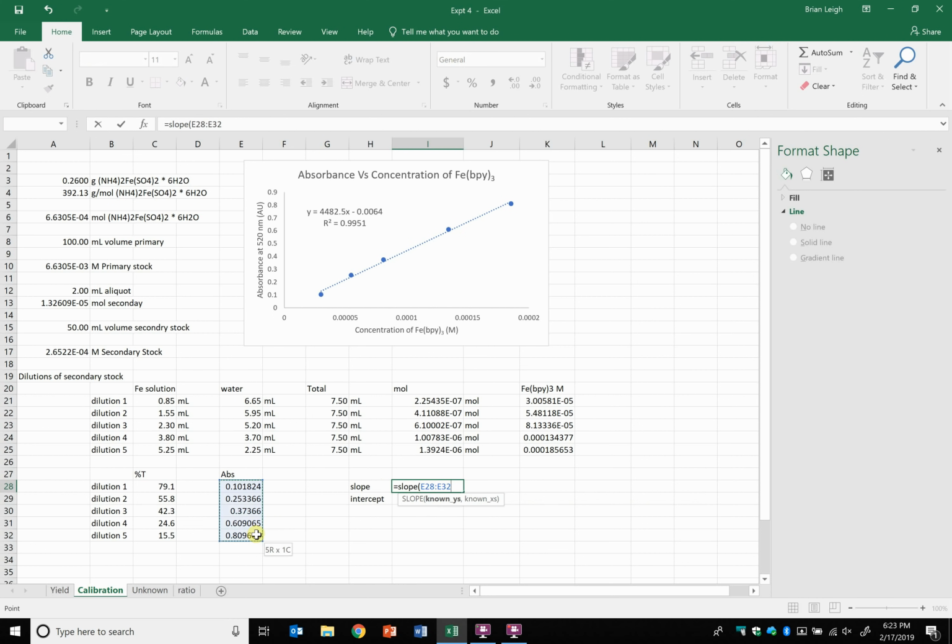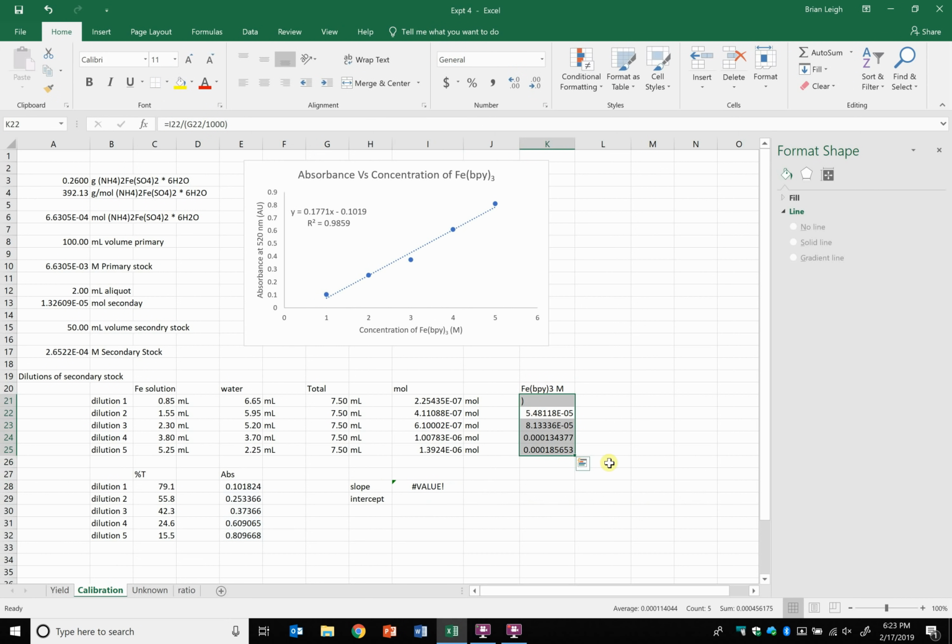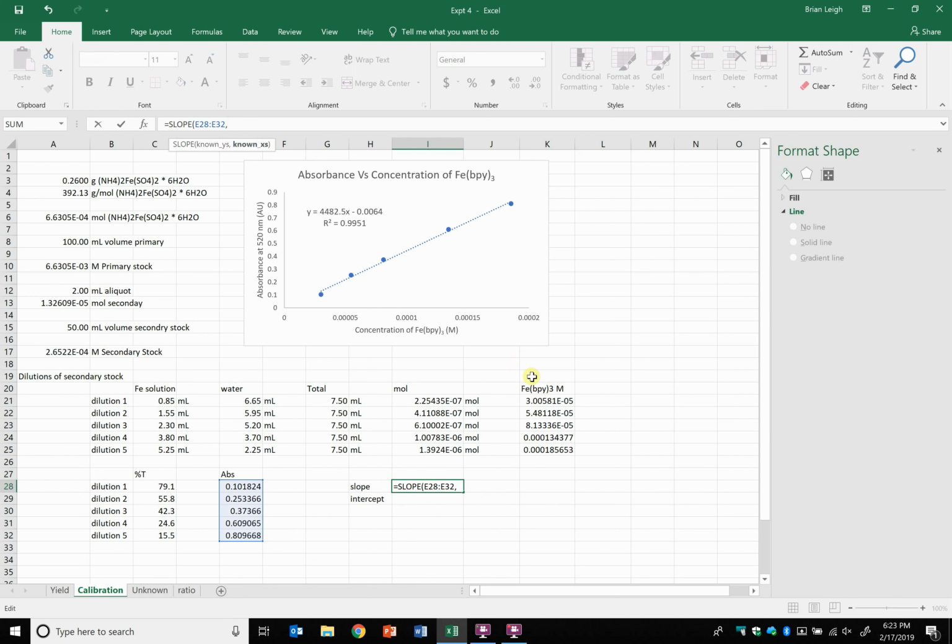And we're going to take our known y's, which is the absorbance, and our known x's, which is the concentration. Oops. I apparently overwrote that. There. And so now you can see we have more decimal places, more significant figures in our slope.